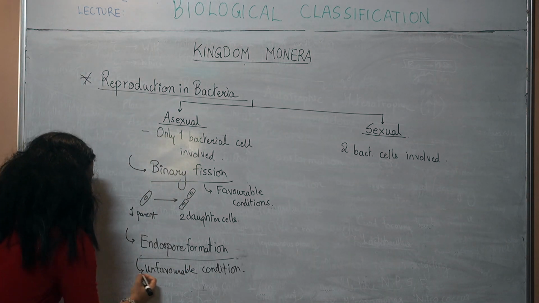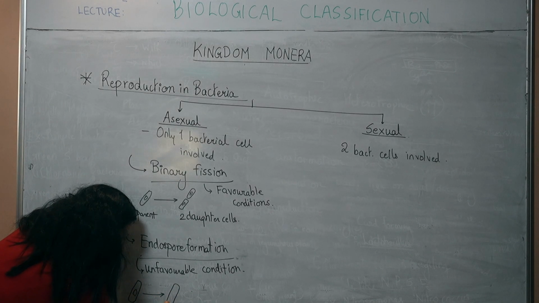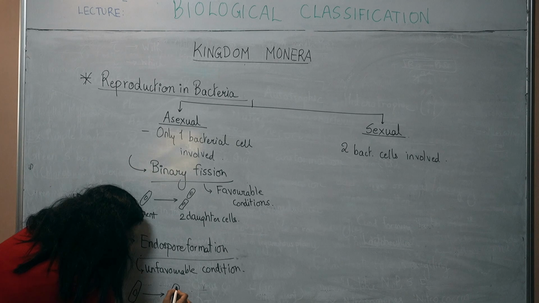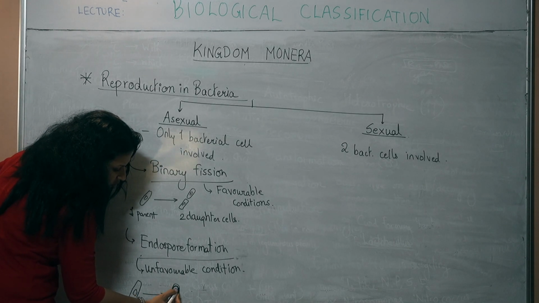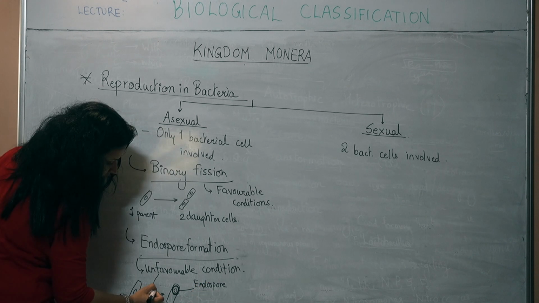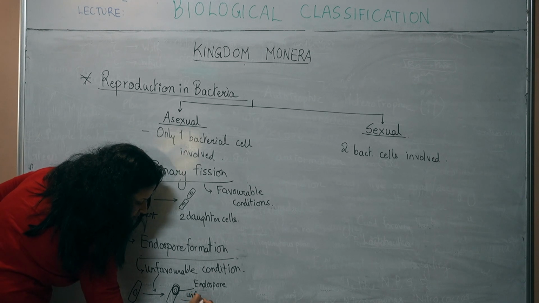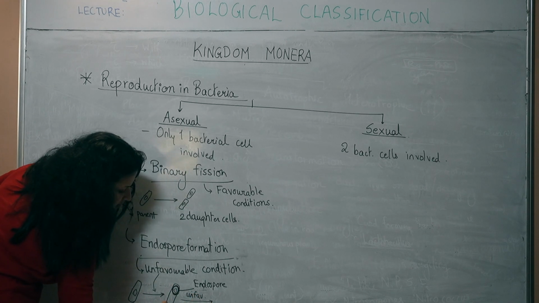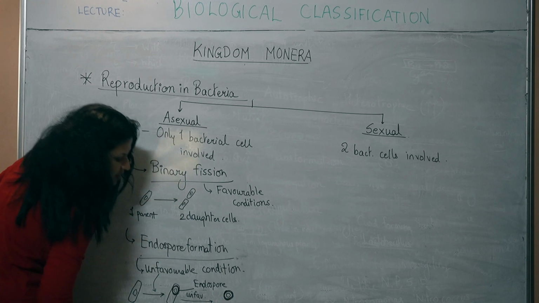What the bacteria does in unfavorable conditions is that it will produce a thick spore around its genetic material. A thick-walled endospore will be formed around its genetic material. This is called endospore. Because of the unfavorable conditions, all the bacterial components will dissociate, but the endospore shall remain viable, carrying the genetic material inside.